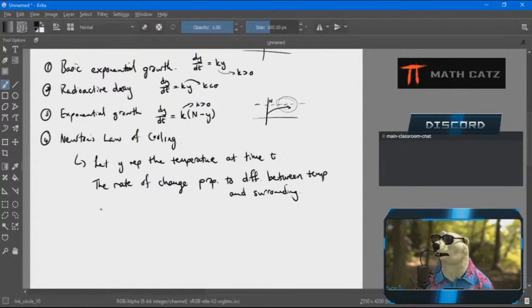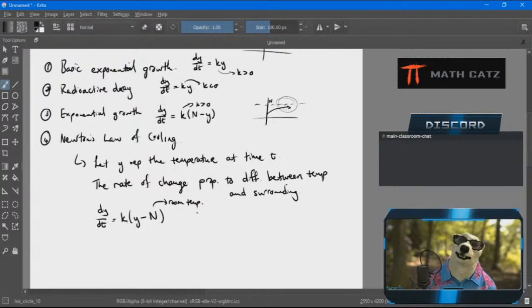So again, I have a similar differential equation that there's my proportionality constant, this difference between the temperature and the room temperature. So in the case of a hot cup of coffee, this is often room temperature or a temperature that is known beforehand.